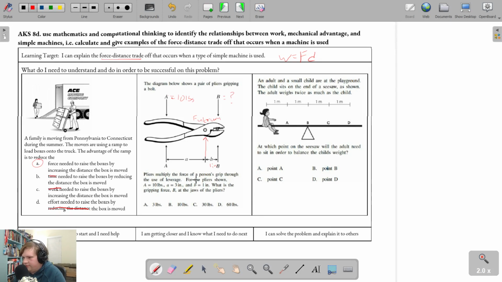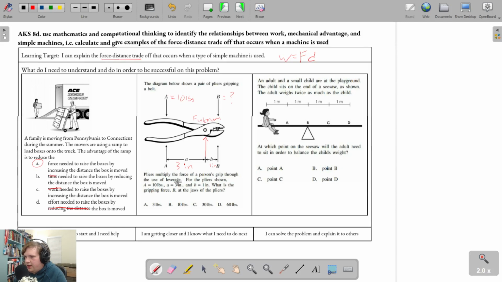It multiplies the force of a person's grip. This is a first class lever. If we put in 10 pounds, and the resistance arm is smaller than the effort arm, we know the mechanical advantage is greater than 1.